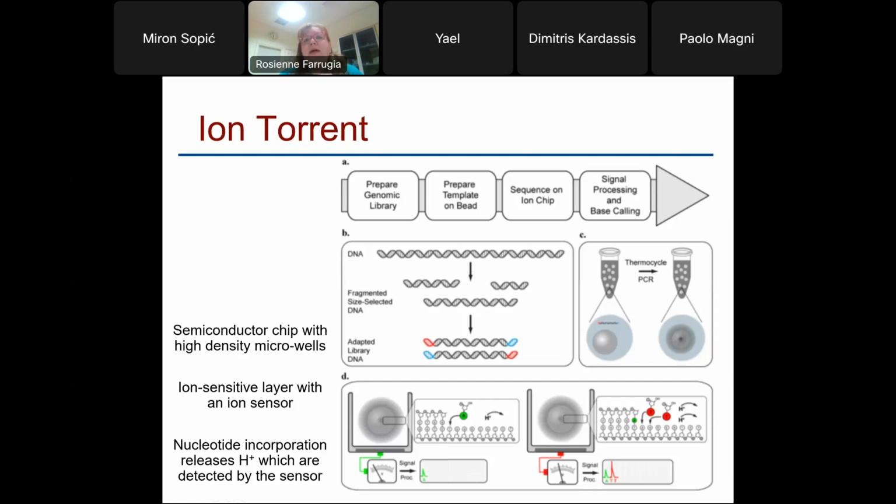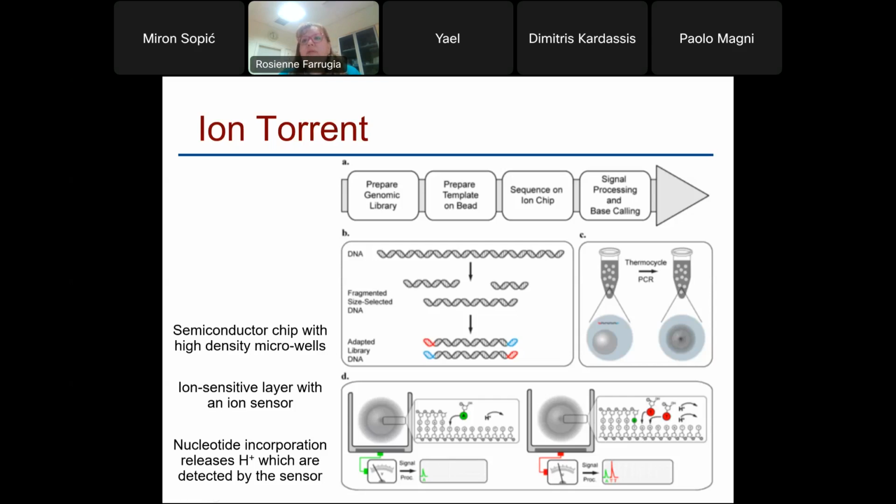After that, everything is washed away, and the next nucleotide is added. And let's say the next nucleotide is T. So any fragment with a free A as the next possible position will incorporate a T and release an H+. If there is a string of A's, then a number of T's will be incorporated one after the other.